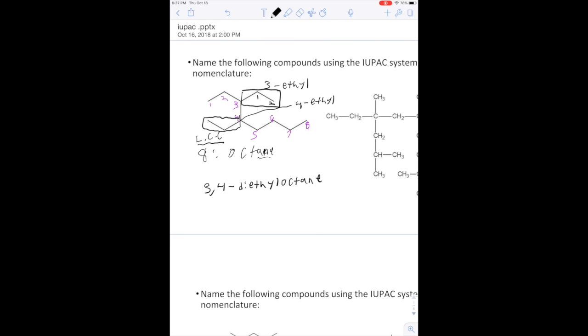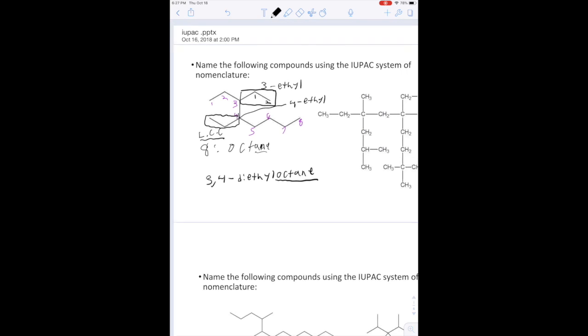As you notice that the longest carbon chain is right here, and diethyl means two ethyl groups at 3 and 4. You can also check that work by looking at it. You can be like, okay, my longest chain was octane, check. I have two ethyl groups branching off at 3 and 4. Yes, I do. Perfect. Let's move on.